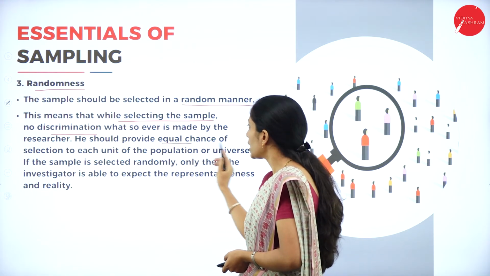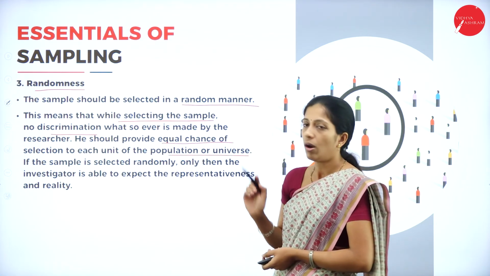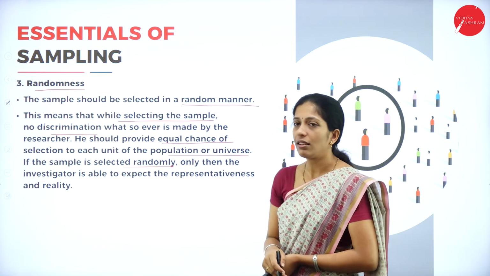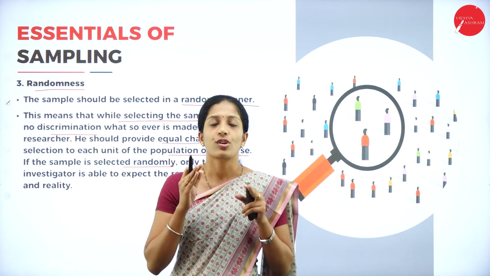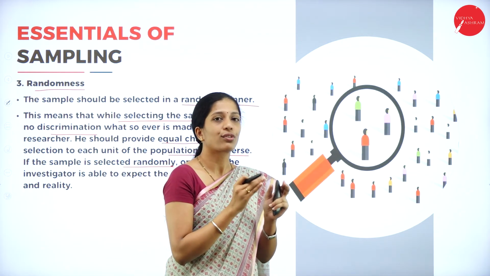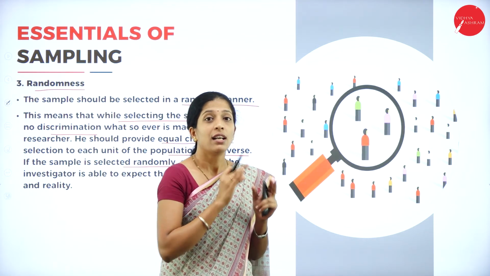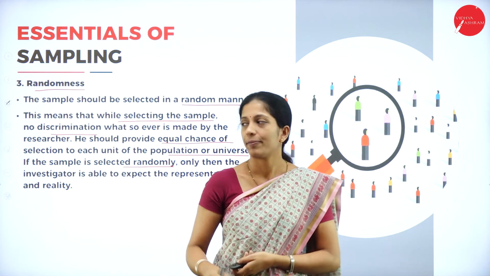He should provide equal chance of selection to each unit of the population or universe. If the sample is selected randomly, only then the investigator is able to get accurate results. The researcher is not going to select the sample from a particular part of the population; randomly from the whole population he has to collect the sample.